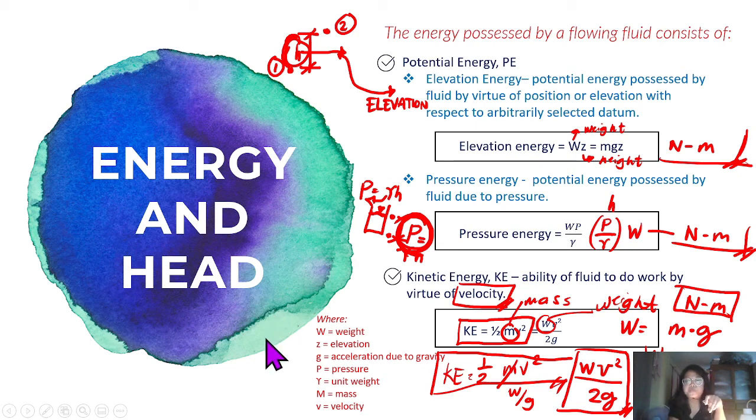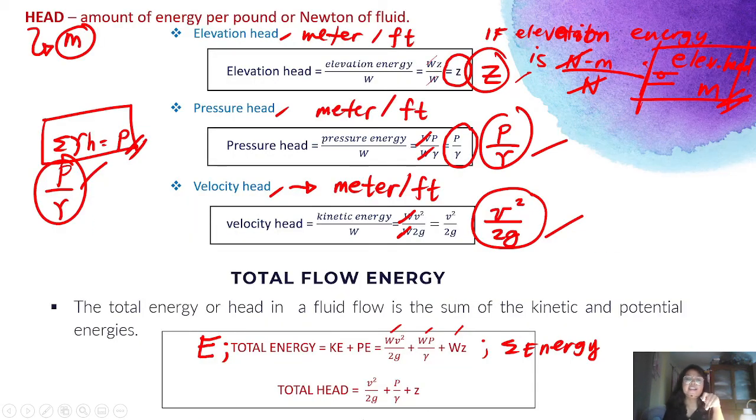Malinaw. Okay. Next. Summation naman ng total head. So, summation of total head, ito ng tatlong nasa box na nandito sa slide. So, elevation head is equal to Z plus pressure head, yung P over gamma, plus velocity head, which is V squared over 2G. Okay?